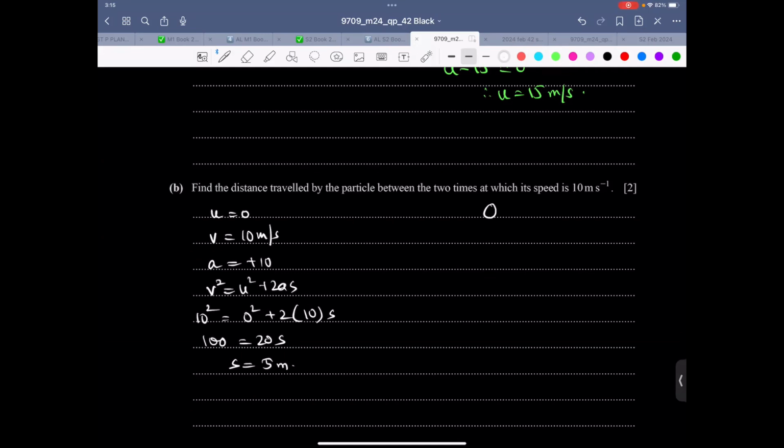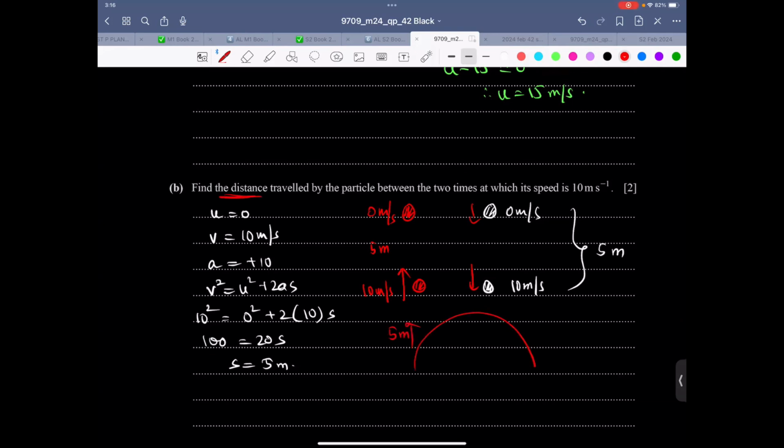That means from 0 till 10 meters per second, it is covering a distance of 5 meters. The same reciprocity would be applied when it's traveling up from 10 meters per second to 0 meters per second. So this will also be 5 meters. So find the distance traveled. So therefore, the distance traveled is 5 meters going this way, 5 meters going this way. Therefore, the total distance is 10 meters.